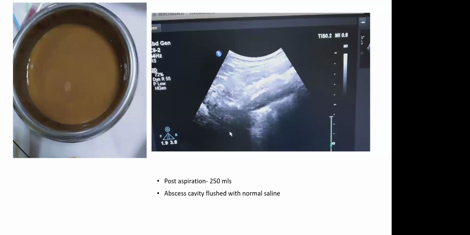This is the pus we drained, and this is the residual abscess following drainage. This is done as an outpatient procedure, and the patient just comes in, gets it done, and goes home without a tube and feeling better.